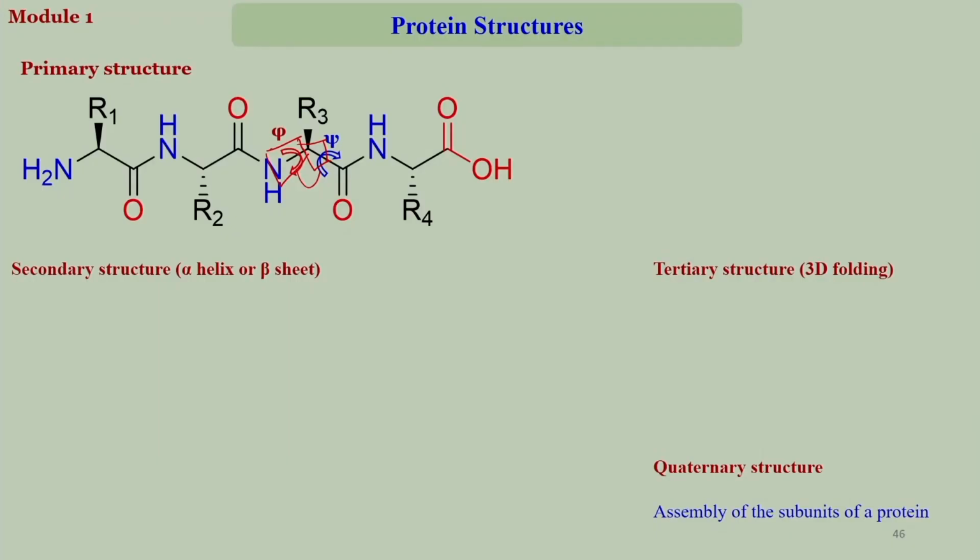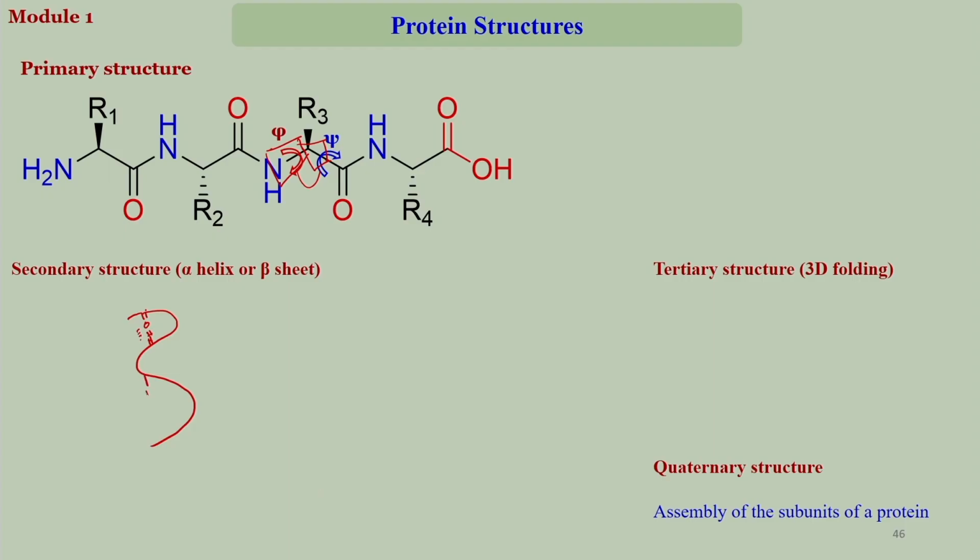If you assume an alpha helix structure, it will look something like this. If you rotate one, it will come to such a position that the carbonyl group of one peptide bond and the amine of the other peptide bond may come in close proximity and form a hydrogen bond.